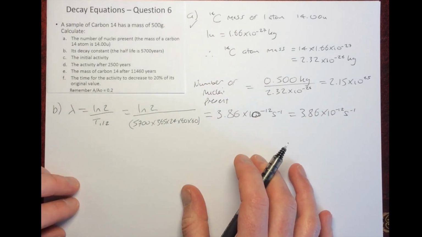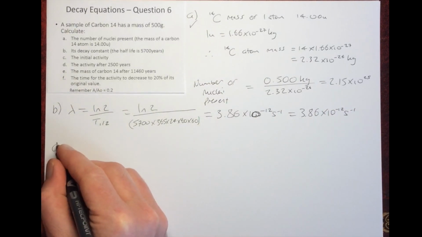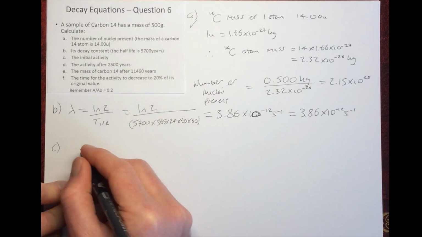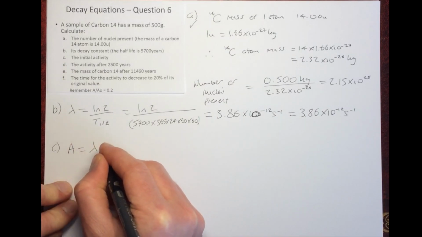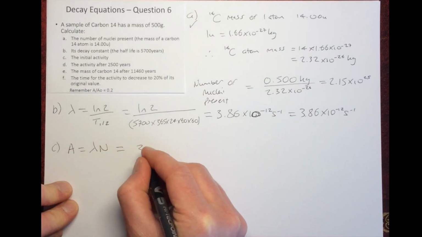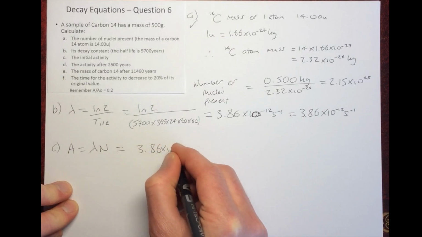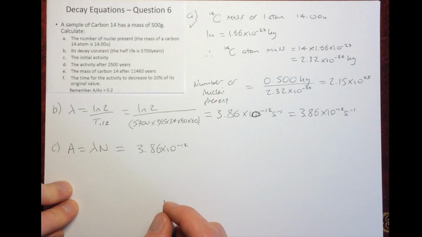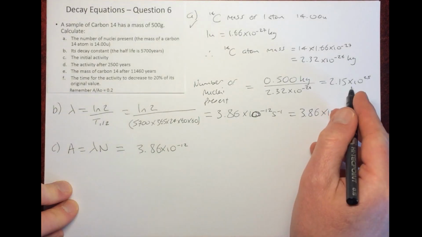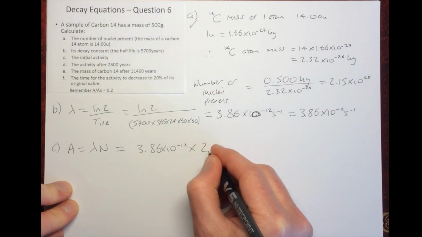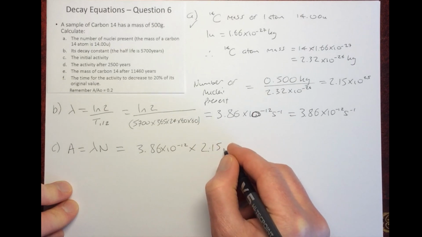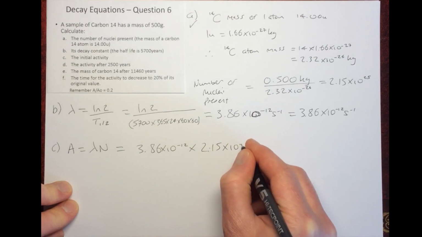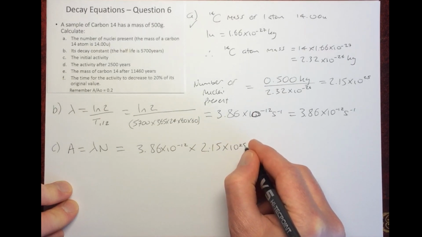Okay, that's part B. Now part C, we're asked to work out the activity. So the easiest way to do that is use A equals lambda N. Now we know that lambda is 3.86 times 10 to the minus 12 because we've just calculated that. We know what N is because we calculated that up here, the original number of nuclei, 2.16 times 10 to the 25.